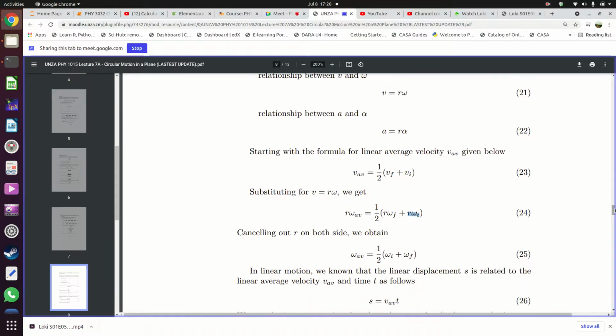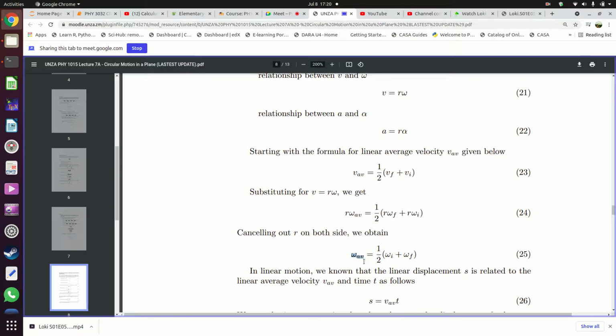With this, you can see that there is R on the left hand side, there is an R on the right hand side, which you can factor out of these parentheses. When we factor the R out of these parentheses and cancel out with this R, what we remain with is omega average.